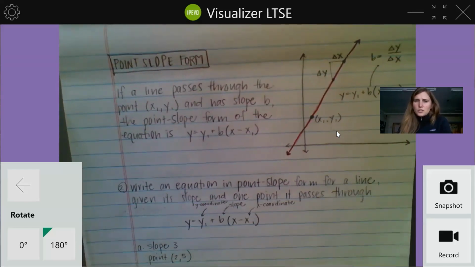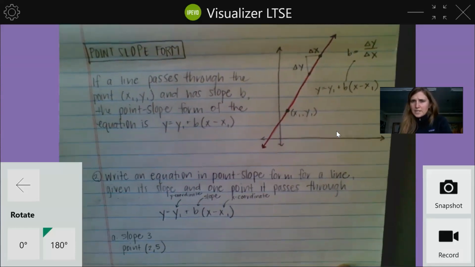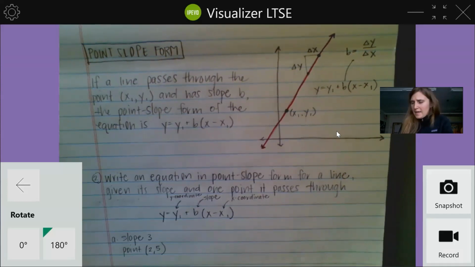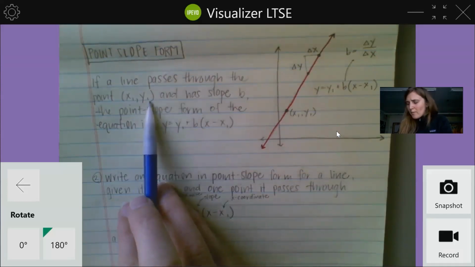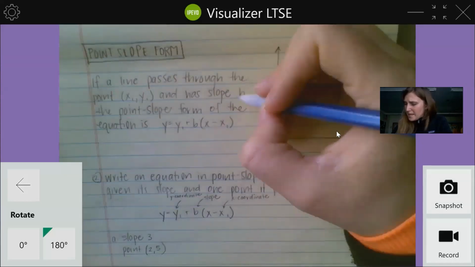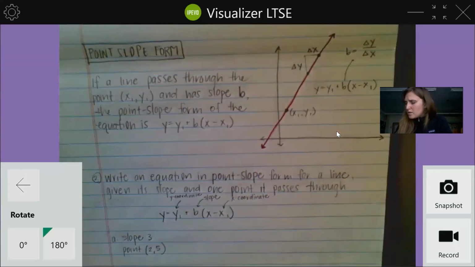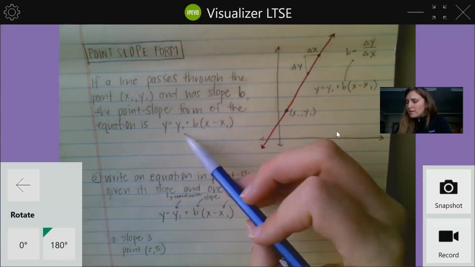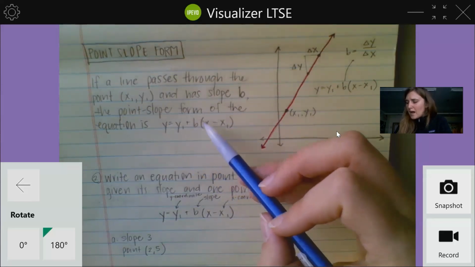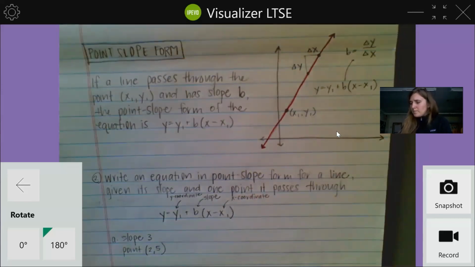So what it's saying is that if a line passes through a point x1, y1 and has a slope of b, the point-slope form of the equation is y equals y1 plus b times x minus x1.